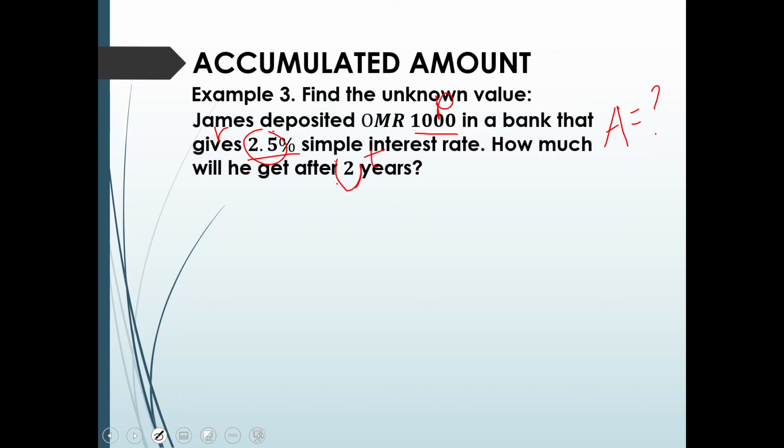And this is T. So let's apply the formula: principal times 1 plus, what is the rate? 2.5 divided by 100, so 0.025.